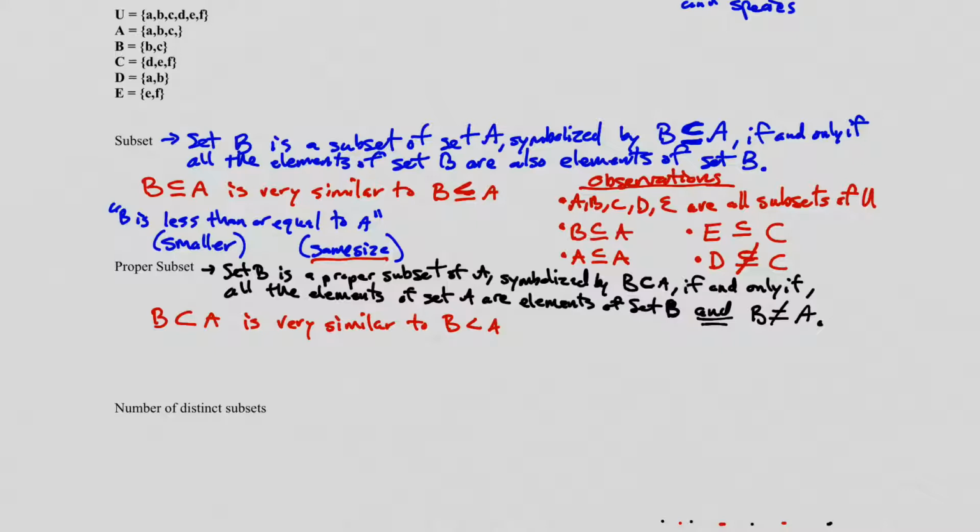So again, B is less than only, not equal to. All right. So that's just trying to say it's smaller. Okay. It has less elements, but it cannot be the same size.